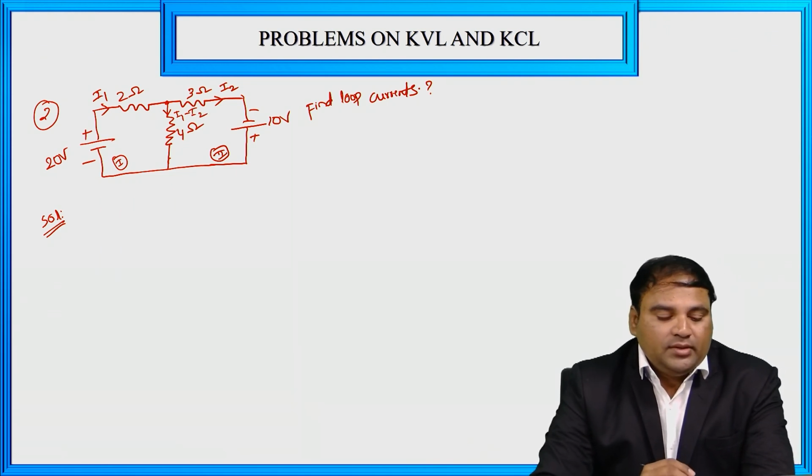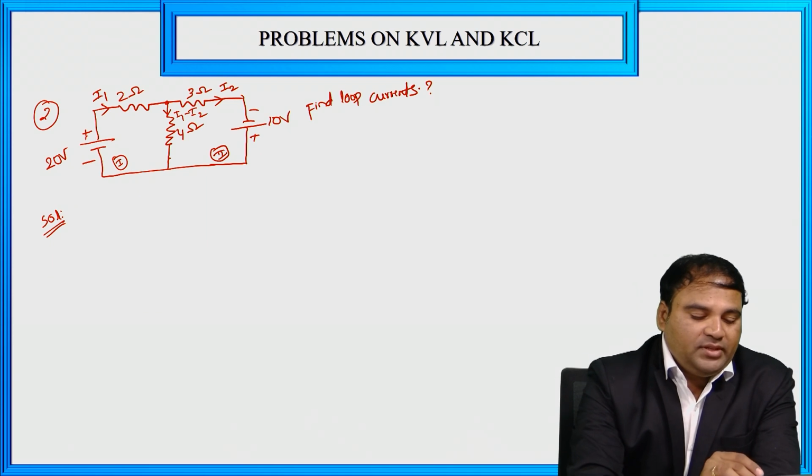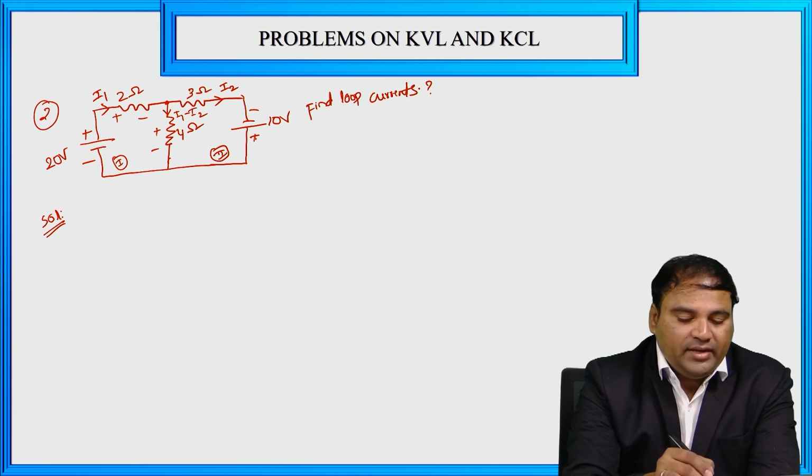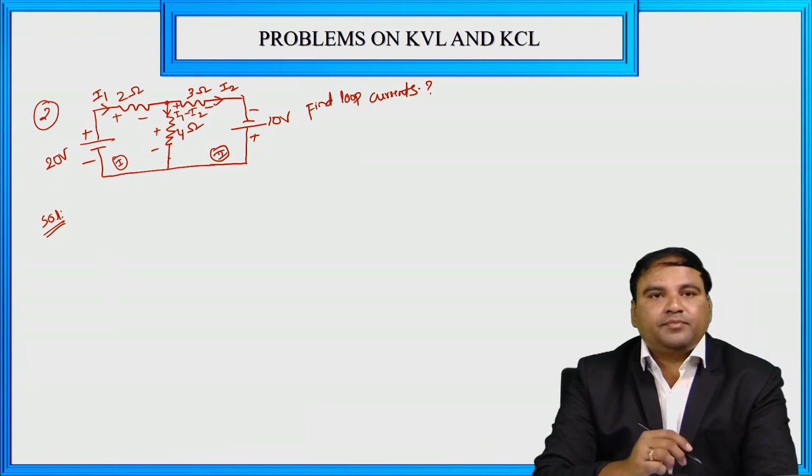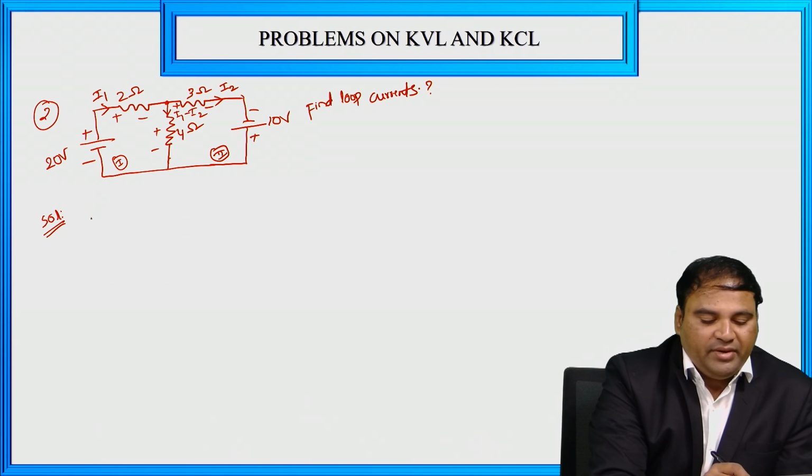Now assign the polarities. So here is the positive. Plus minus, this is plus minus, and starting from the positive it goes like this. Now this is plus and this is minus. Now apply KVL in loop 1 and loop 2.